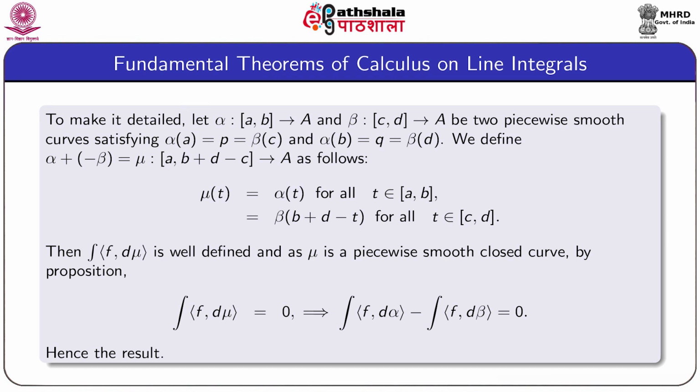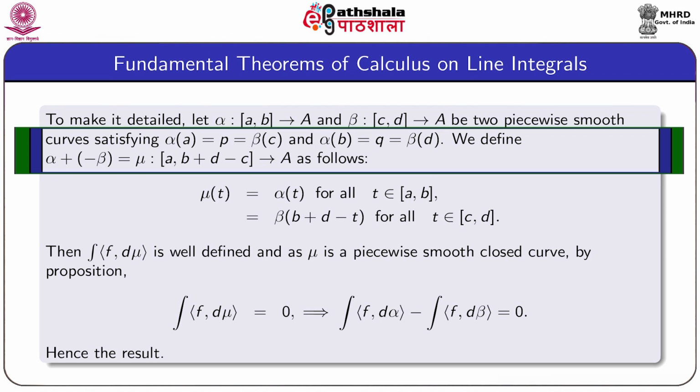To make it detailed, let α from [a,b] to A and β from [c,d] to A be two curves satisfying α(a) equal to P equal to β(c) and α(b) equal to Q equal to β(d).